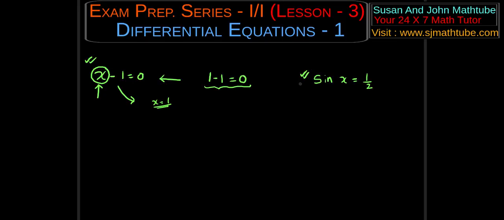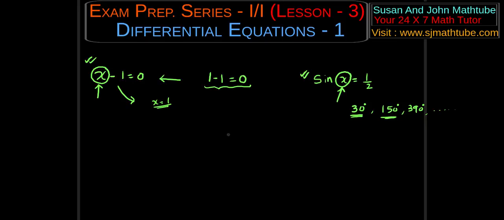And when I say solve this equation, it means you have to find the value or values of x which will balance this equation. And there are many values here. 30 degree, you can use a calculator and check it, 150 degree, 390 degree, and it goes on like this. So solution means the value or values which will balance a system.